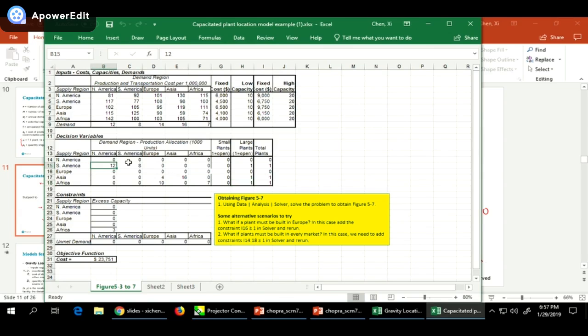And then the Xij values specify how we allocate these capacities to different regions. You can see here unmet demand is indeed 0 and supply excess capacity is indeed non-negative. So the best solution we can find has a total cost of $23,751 objective. Any questions?